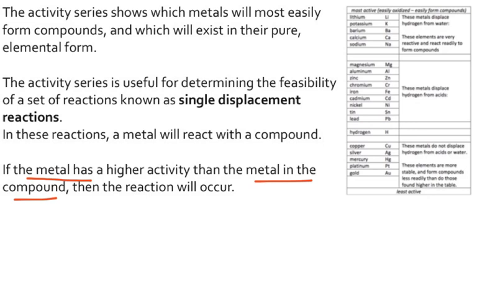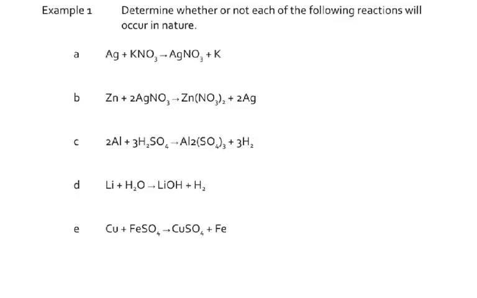So you'll see a set of reactions that may or may not happen. Your job is to determine whether they will or not. So, in A here, if this reaction is going to happen, the silver metal that is by itself would have to be above potassium in order to make this reaction happen.